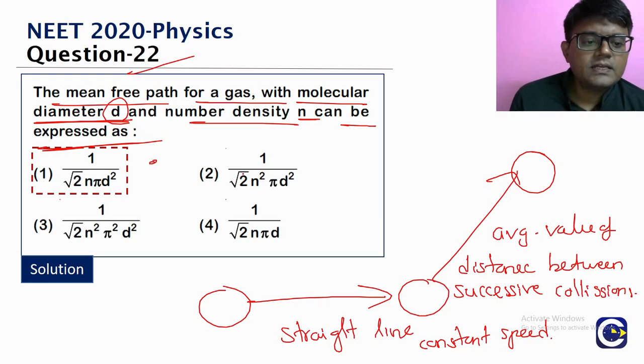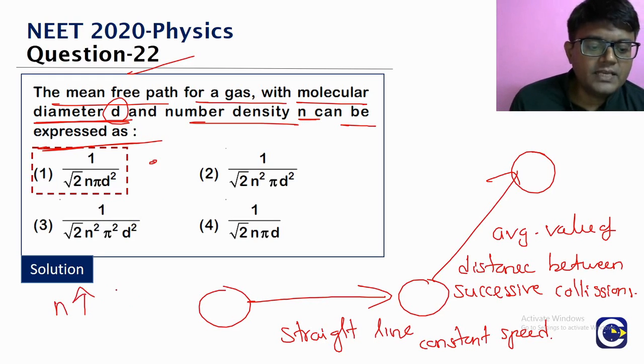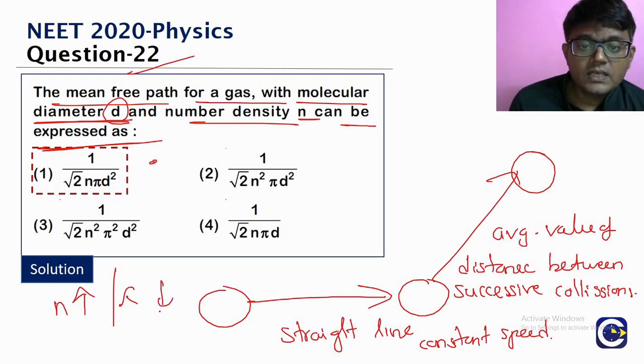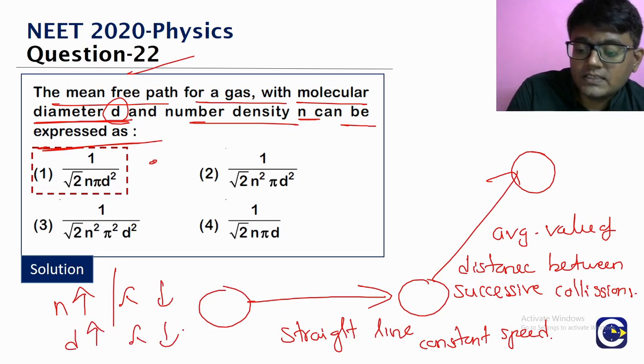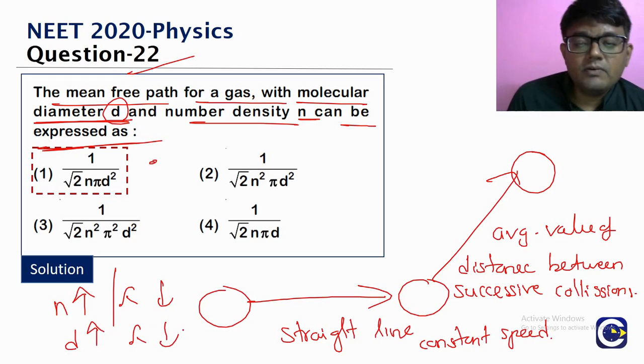So if the number density is increasing, then the mean free path, which we generally represent with the symbol lambda, will be decreasing. Similarly, if the diameter is increasing, again the mean free path will be decreasing. Means the mean free path will be more when you have smaller molecules with a lesser number density. That is when the mean free path will be more. Okay, so the answer is what? Option 1.